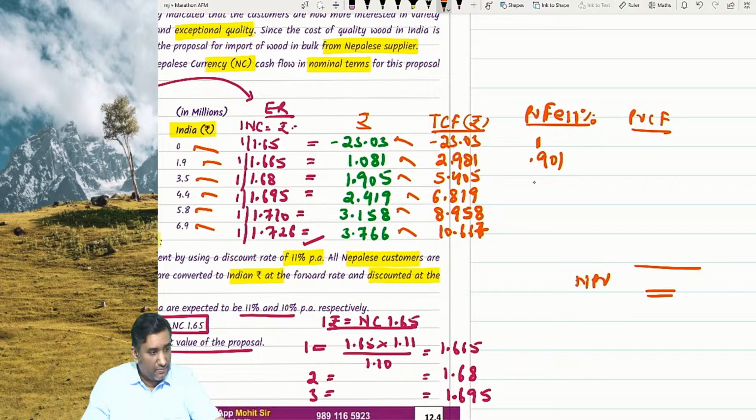Next one 0.812, 0.731, 0.659. Last one 0.59, total.